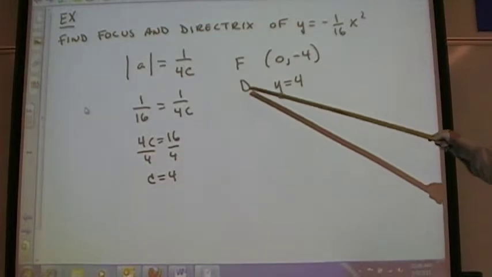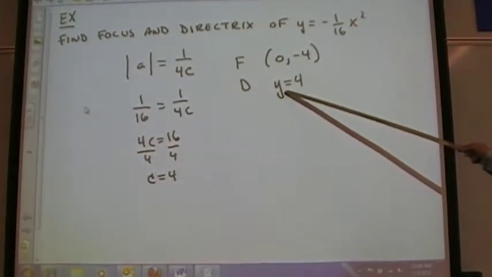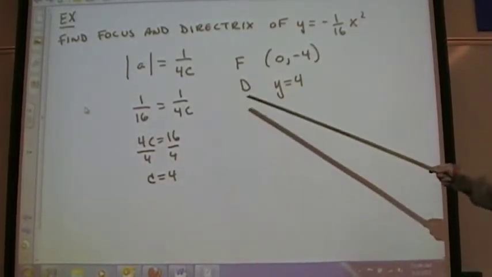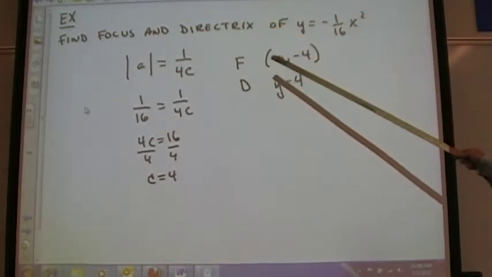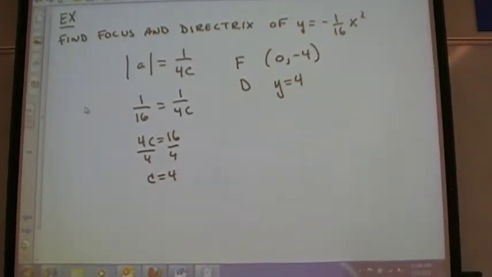The directrix has to be a horizontal line at y equals positive 4. The directrix is above the parabola in this case. The focus is still always inside. How would you know if it would be going to the left from the equation? If it was going to the left, it would be x equals negative 1/16 y squared. Okay?